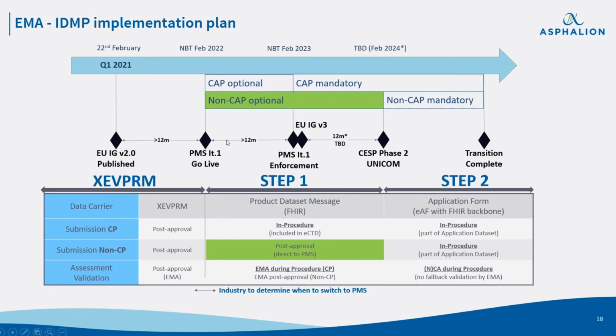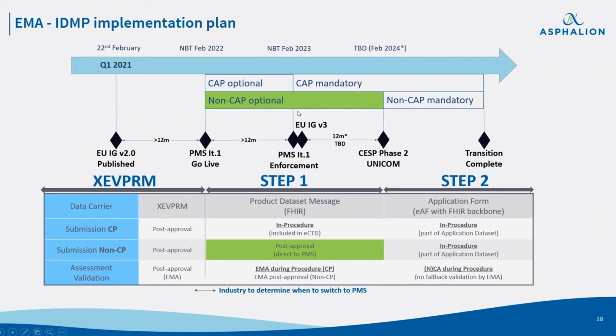Then there is this big transition period. This part in the middle is what we call step 1. Step 1 is divided in 2. Since the go live of the PMS until it's actually enforced, there is a point in the middle when it will be mandatory for the centralized products to report the information to PMS.